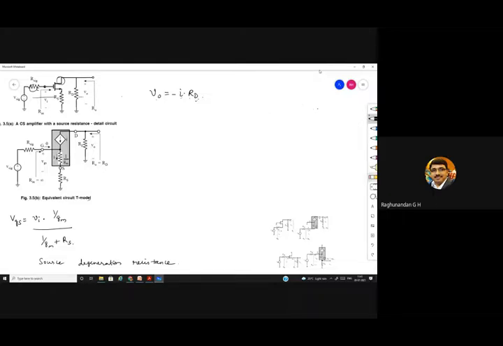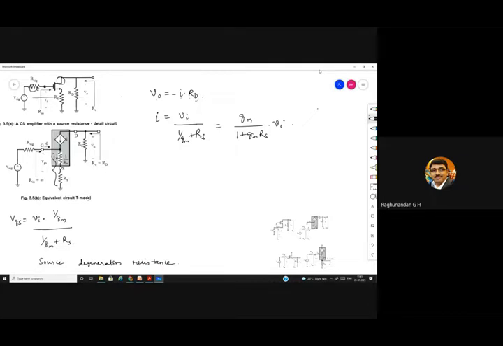Coming back to this, V naught is equal to minus I into RD. To find out the current value, apply Ohm's law to this circuit: Vi by the total resistance across this. I is the current flowing through this, so we can take 1 by Gm plus Rs. That is equal to Gm by 1 plus Gm into Rs, into Vi.